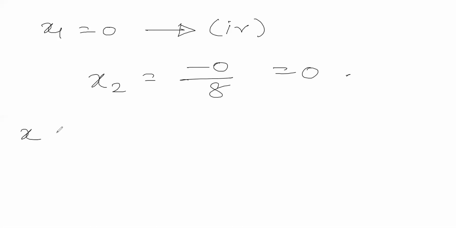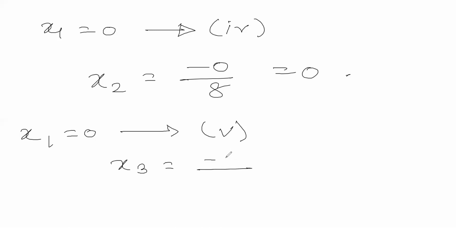And again, if x1 is equal to 0 and I plug in this value in equation number 5, then I get x3 is equal to negative 0 by 2, which is altogether 0.